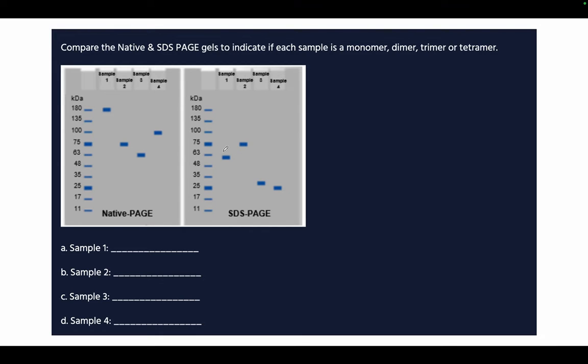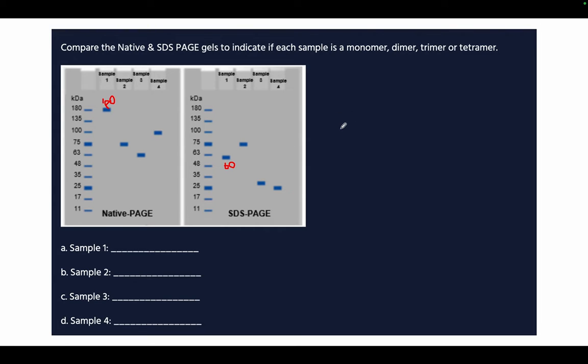So for SDS PAGE, let us consider sample 1. We're getting a band around, let's say, 60. No, it's close to 63. We'll call it 60 kilodaltons. Here, we've got the band at 180, which suggests 60 times 3 is 180, right?